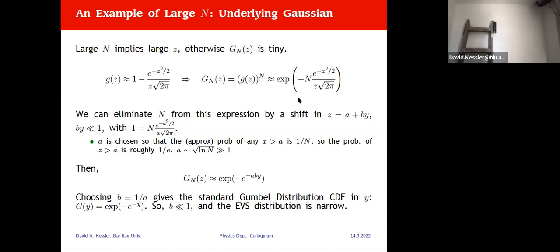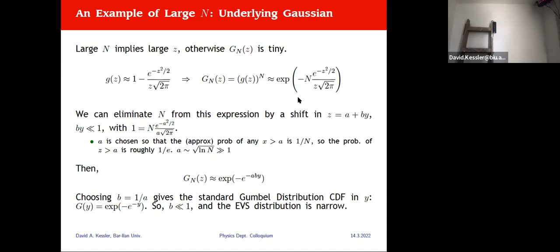What is the answer? So we define a by the following expression: n times e to the minus a squared over 2, over a square root of 2 pi, set equal to 1, that defines a. Now, the solution of that is exactly solvable in terms of a special mathematical function called the Lambert function, it turns out. Or you can solve that numerically, whatever you want.